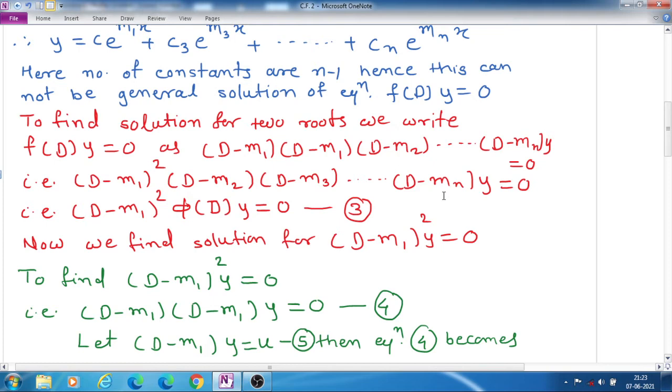If we factorize this f(D), then we get D minus m1, D minus m2, D minus mn.